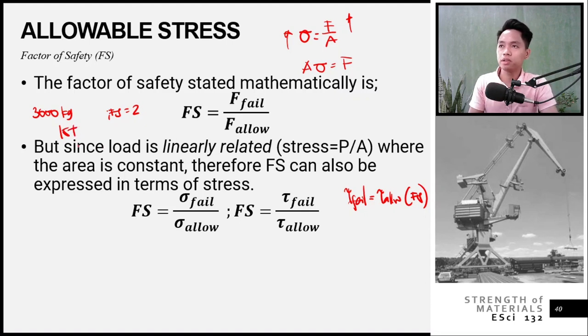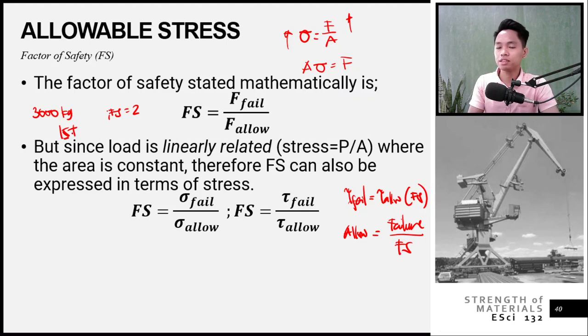Say we used a factor of safety of 2 for that part. Therefore, the 15 tons displayed there is simply your allowable. Your allowable is equal to your failure over your factor of safety.